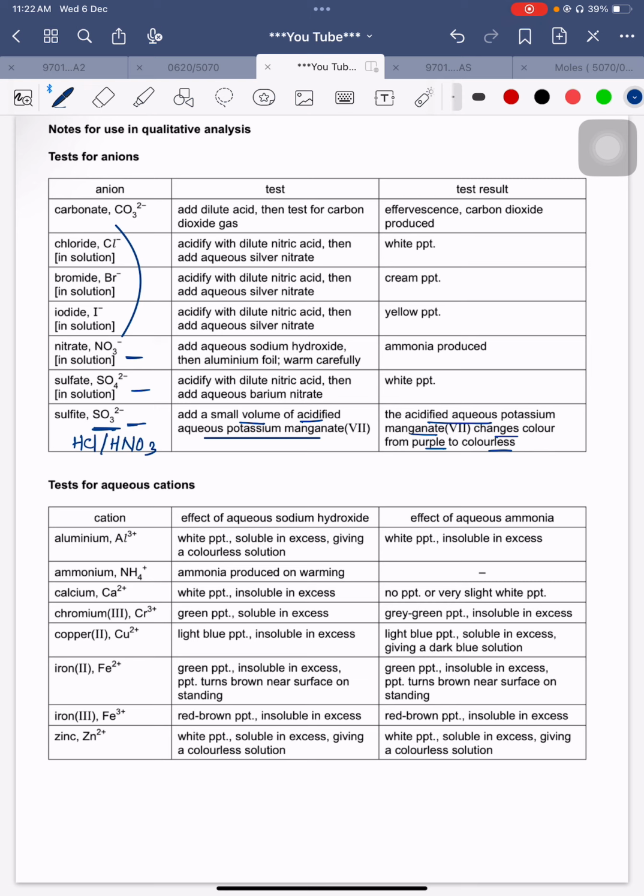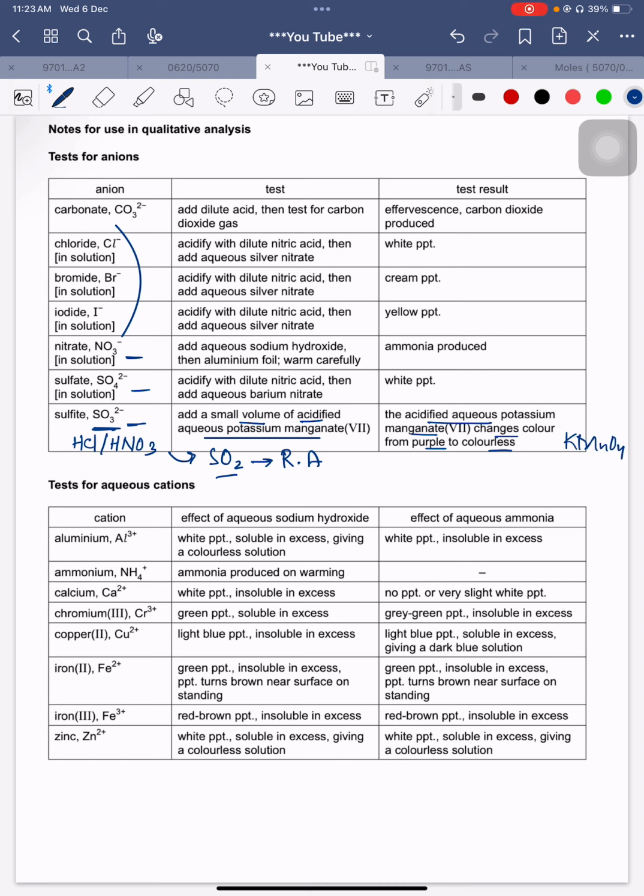For Cl- we cannot add hydrochloric acid, so please be careful about that. Now when we add any of these acids, acidified potassium manganate is used, and as a result SO2 gas will be produced, which is a reducing agent. Potassium manganate is KMnO4. I'm writing the formula.